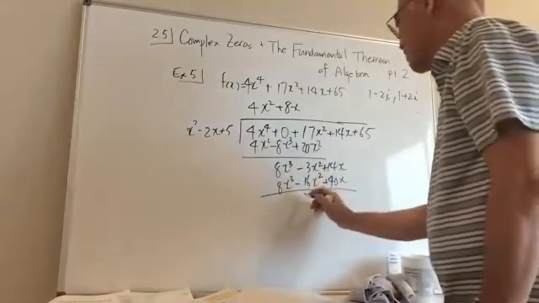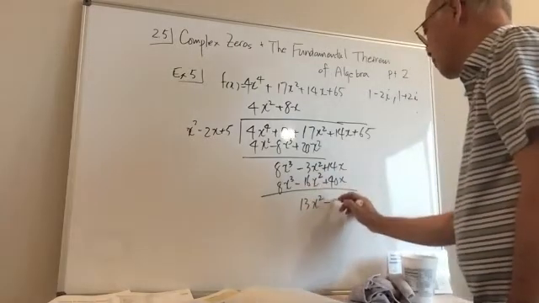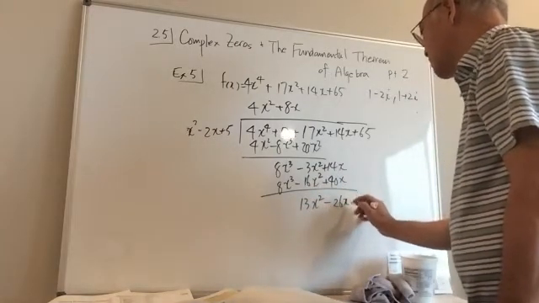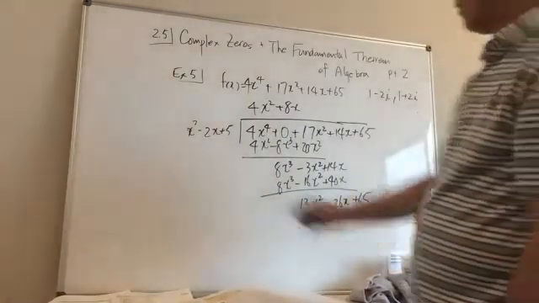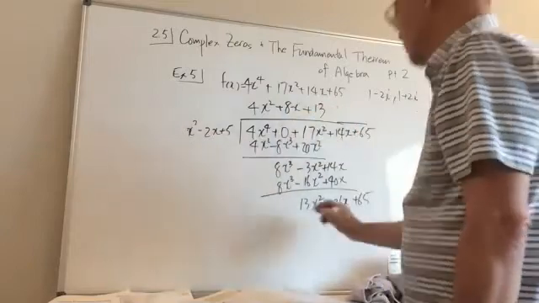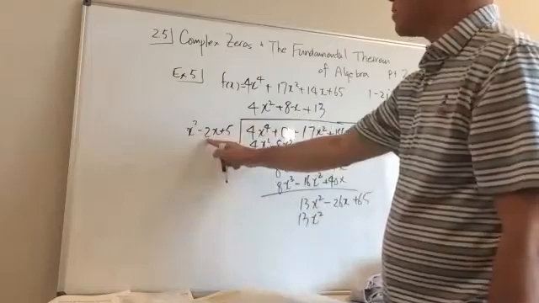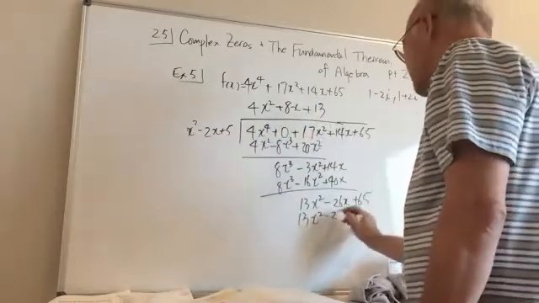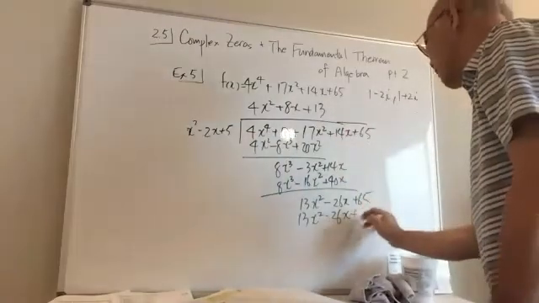If I subtract this out, I get 13x squared minus 26x plus 65. To get to 13x squared, I know it's going to be 13. So I get 13x squared. 13 times negative 2 is negative 26. 13 times 5 is 65.